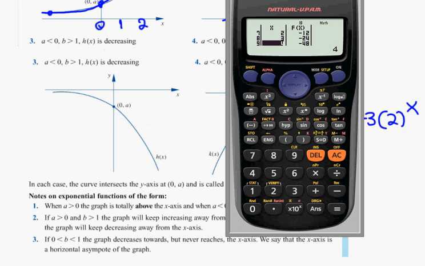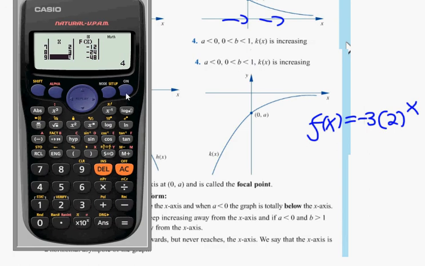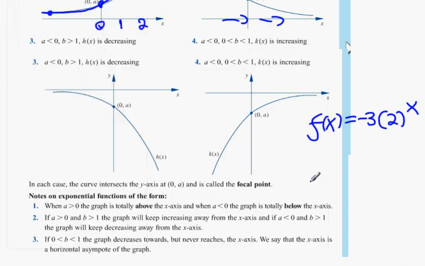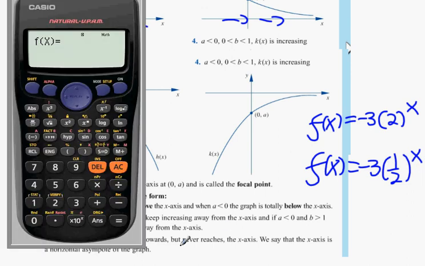Yes. Okay, and then finally, the last one is where a is negative and b is a fraction. An example of this one would be minus 3 times a half to the power of x.